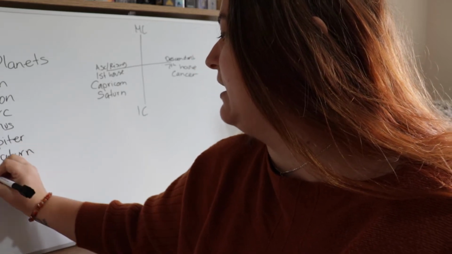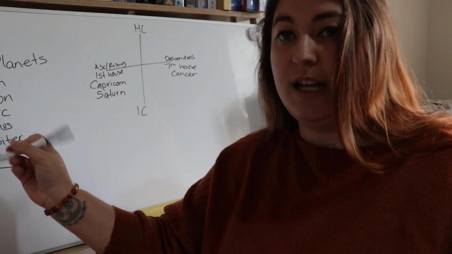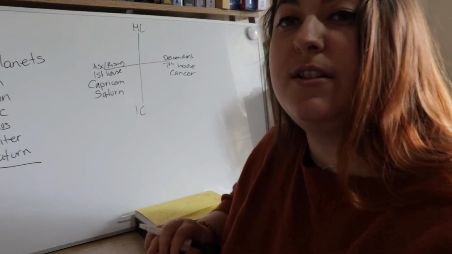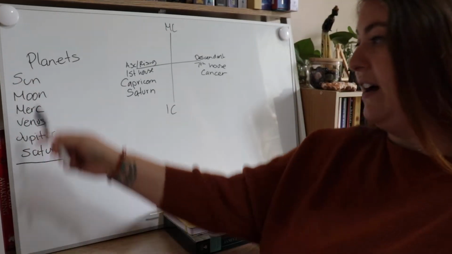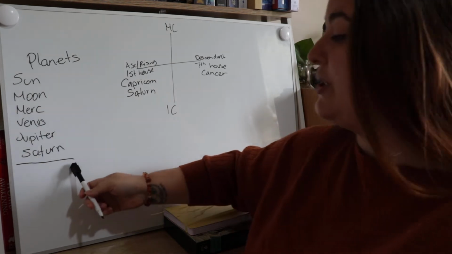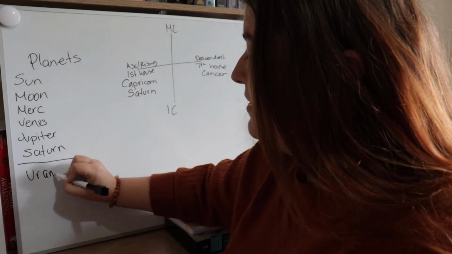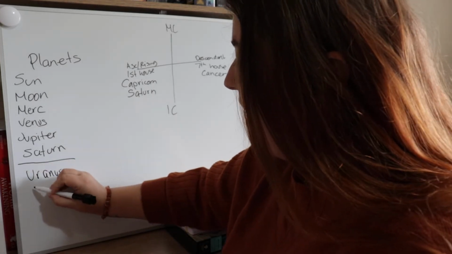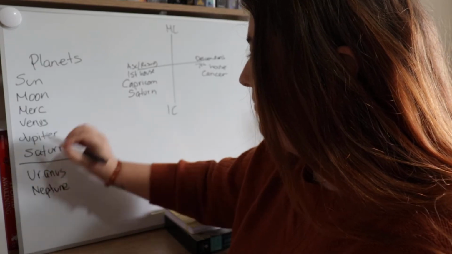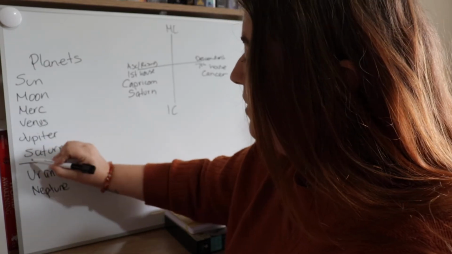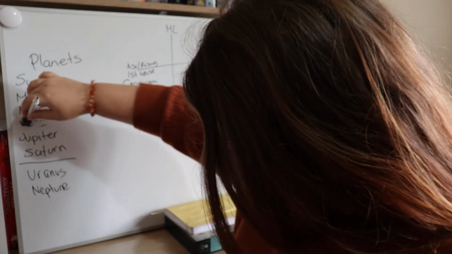I'm going to put a line here because we have our ancient planets, which is ancient astrology. Then we have the more modern planets, which is Uranus, Neptune. I've forgotten Mars in here. I always forget someone. Let me pop Mars up here.